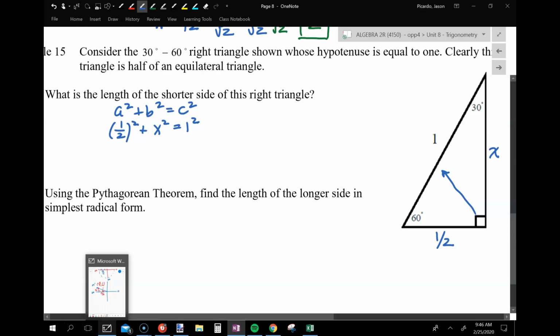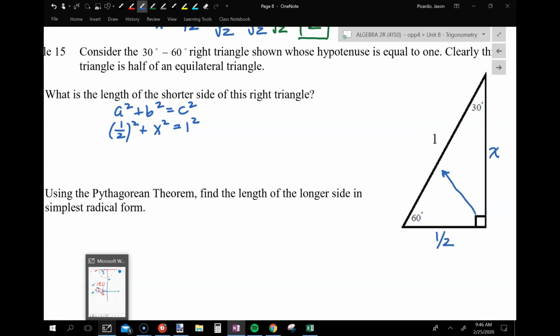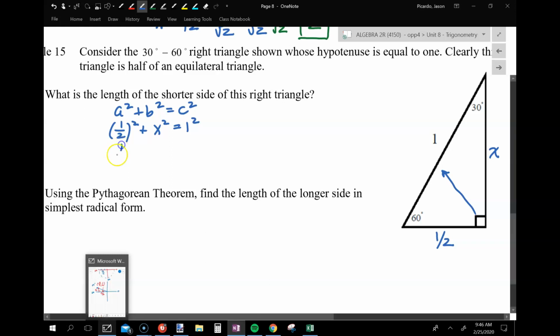What's a half times a half? Please be careful. Okay, that's 1/2 plus 1/2. 1/2 times 1/2 is a fourth. Subtract a fourth. That gives me 3/4, right? Square root.